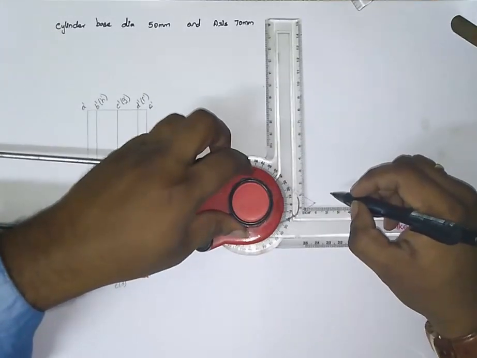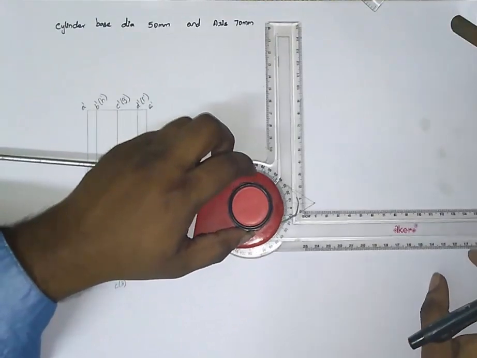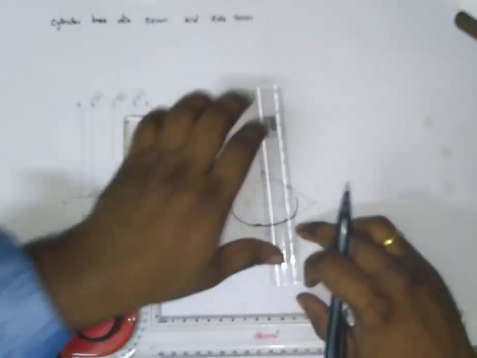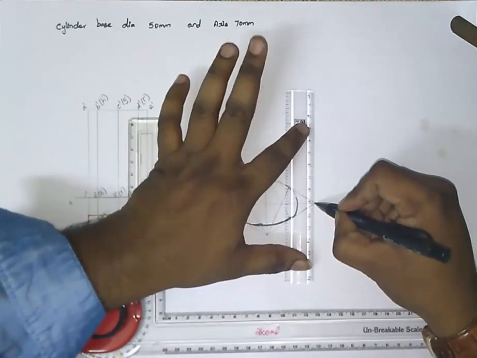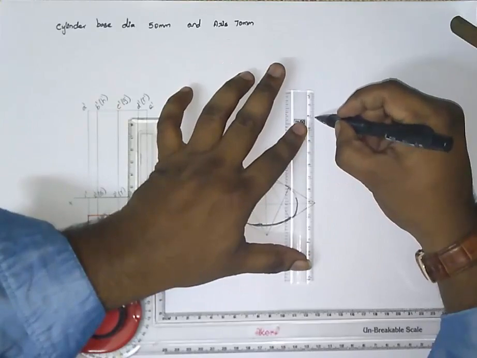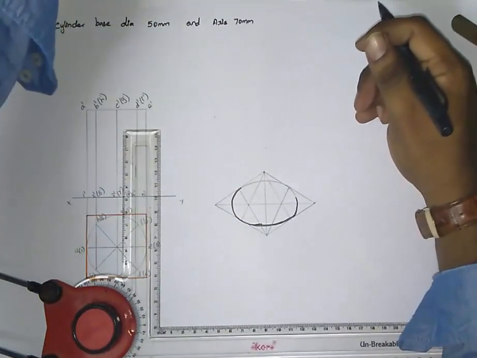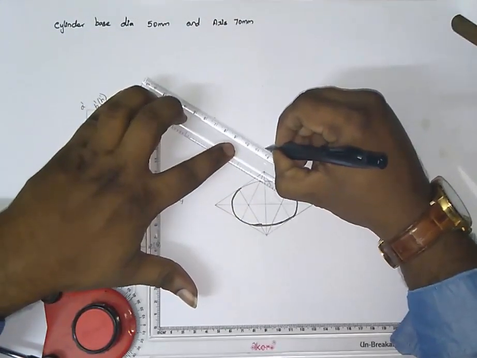From this point also mark a 70 mm line here. Okay, now connect these 4 points in order to transfer the top square face.